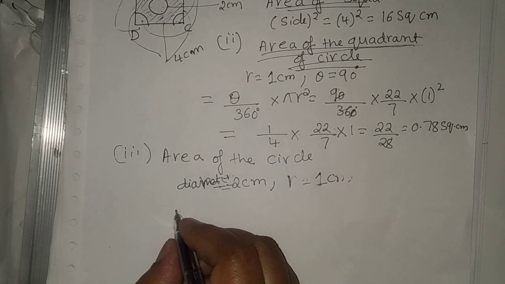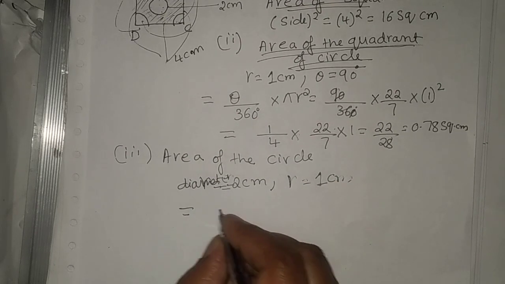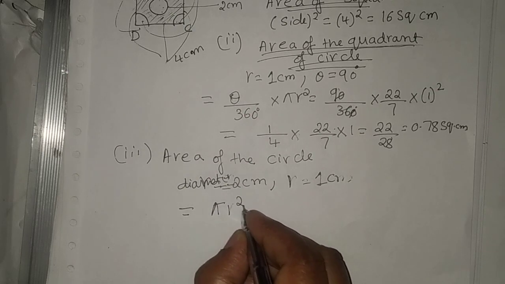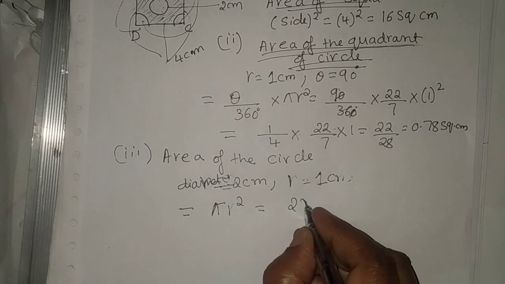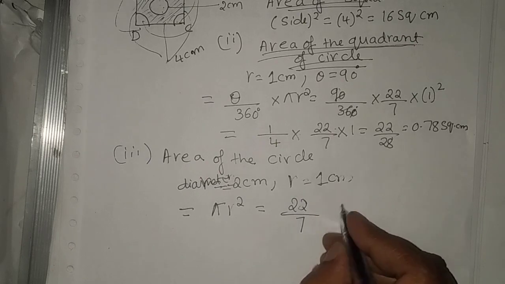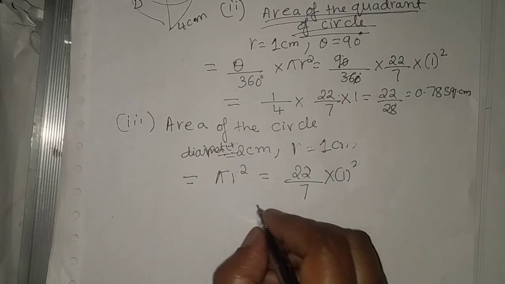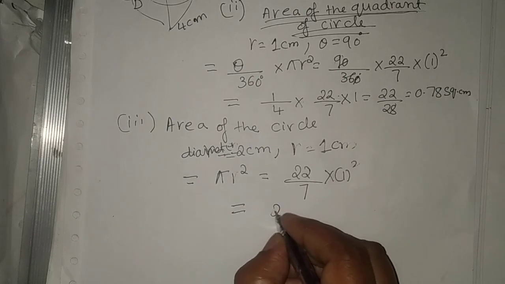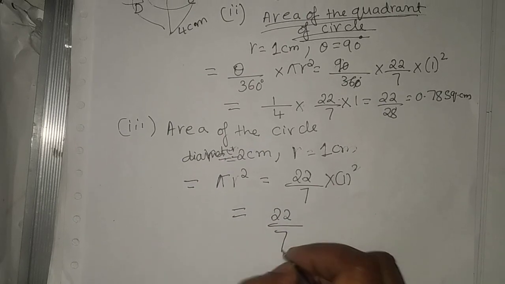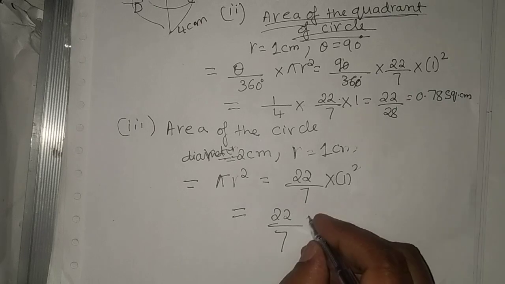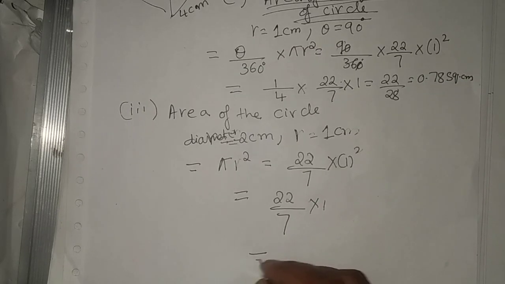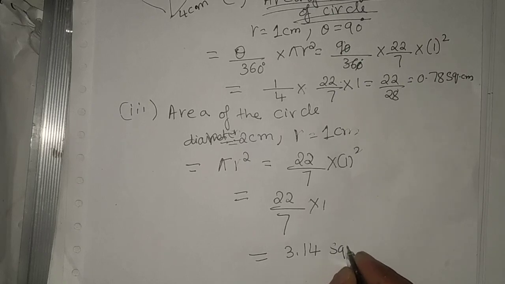Therefore the area of the circle is equal to, what is the formula? Pi r squared, which is equal to 22 by 7 into 1 squared, which is equal to 22 by 7, which is equal to 3.14 square centimeters.